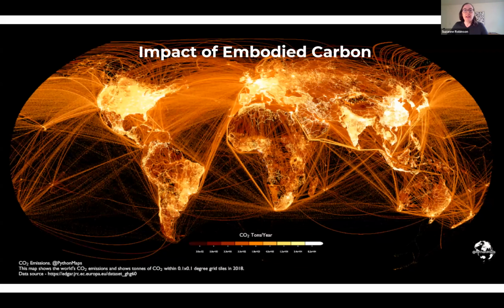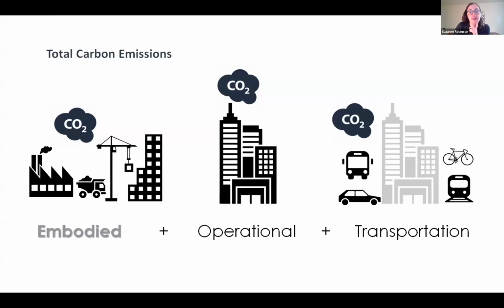Patrick gave a good overview of how we're starting to look more globally at our carbon footprint and understanding it's not just the operational carbon of a building that has an impact on global warming, but the whole lifespan of the material. And here you can see the amount of CO2 in tons per year that are being emitted globally.